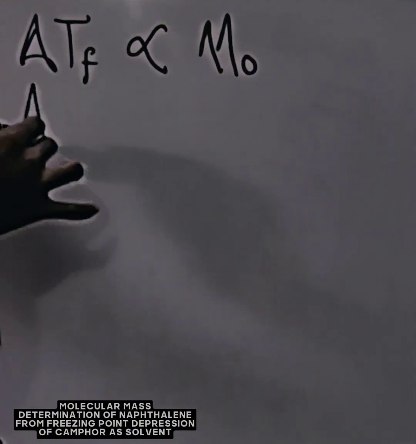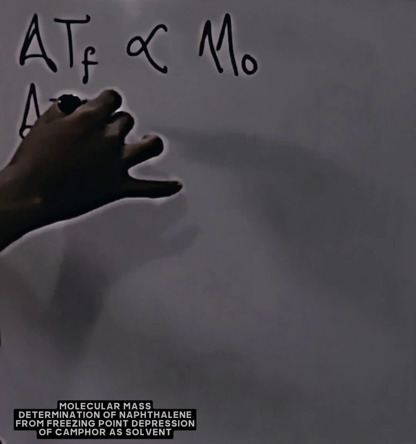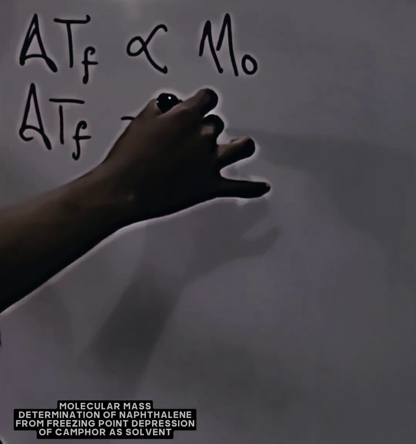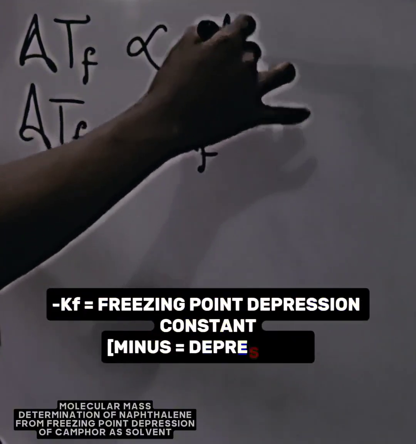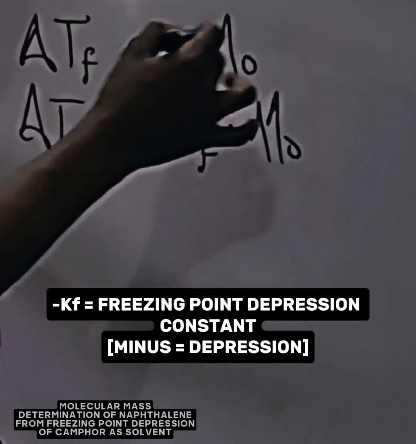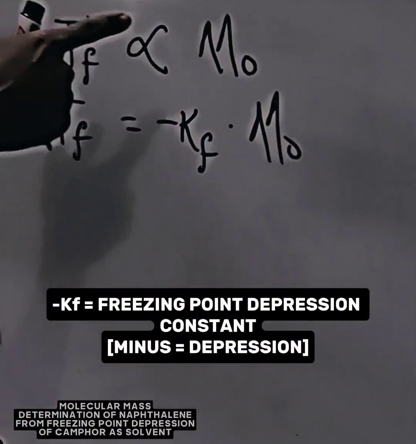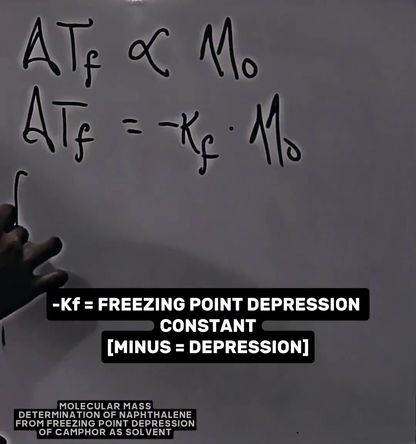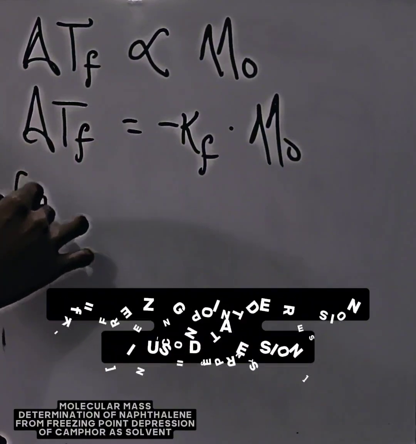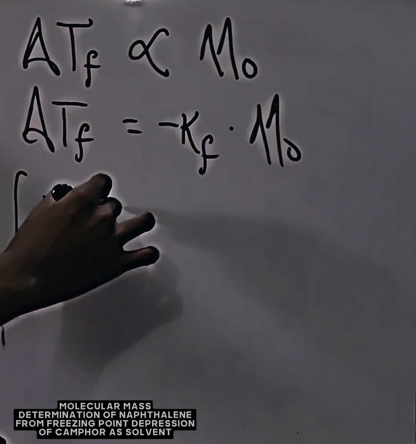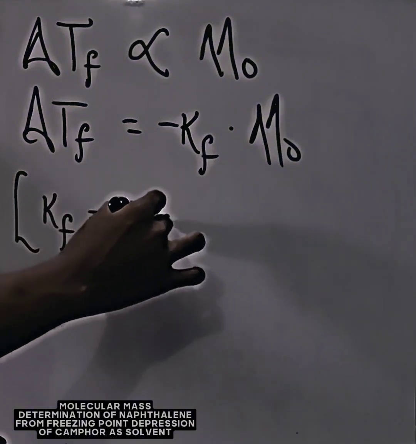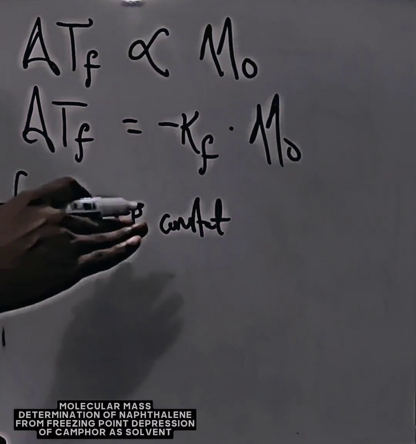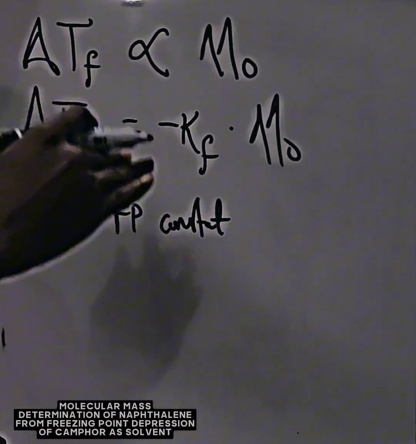It means that the freezing point depression is equal to, let's introduce a constant, let's call it Kf, multiplied by molality. This Kf you see here is called the freezing point constant, and it is characteristic of any given solvent.